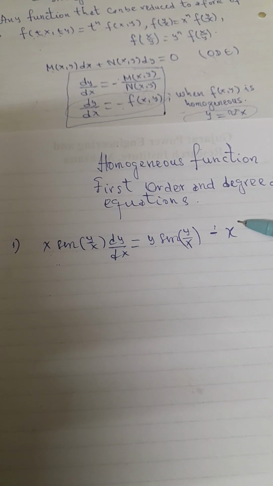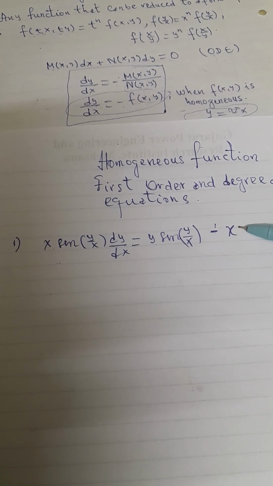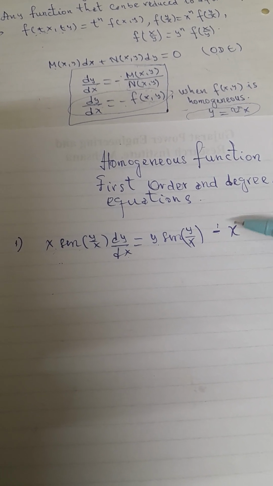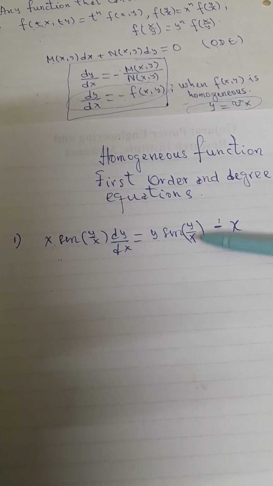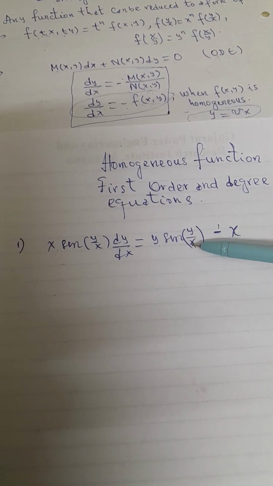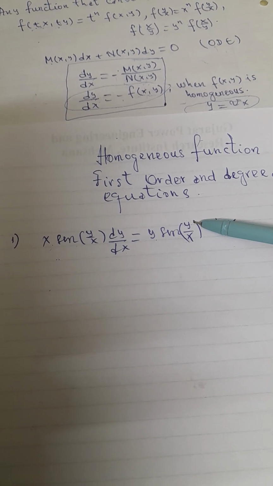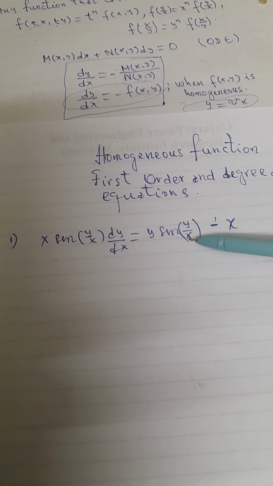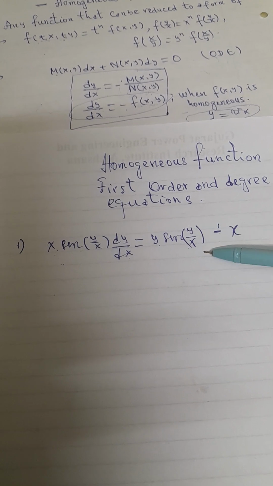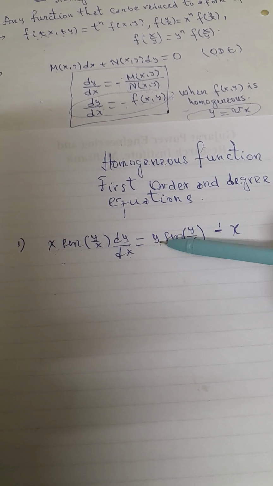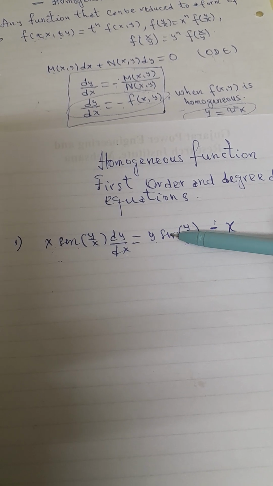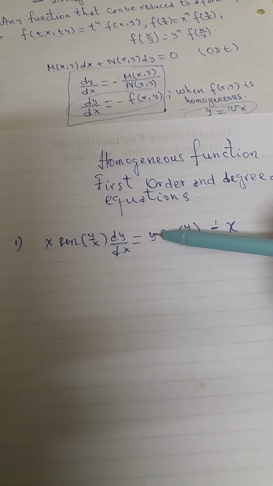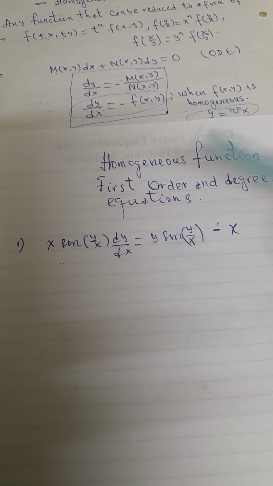Let us see if the degree of all the terms in this equation are the same. Here the degree is 1 of this monomial, like x raised to 1. And here what is the degree? The degree here is the same. It is like 1 minus 1, it will be 0, the degree of this one. So this will remain the same, this is fine. And here the complete degree of this polynomial is 1 also, because here it's 0 and here it will be 1. Nice.